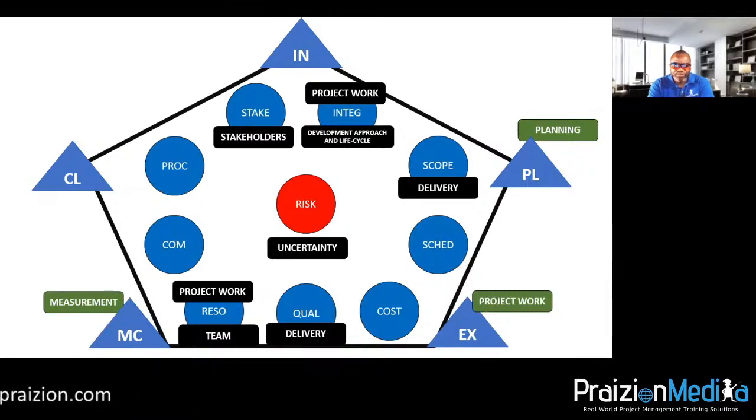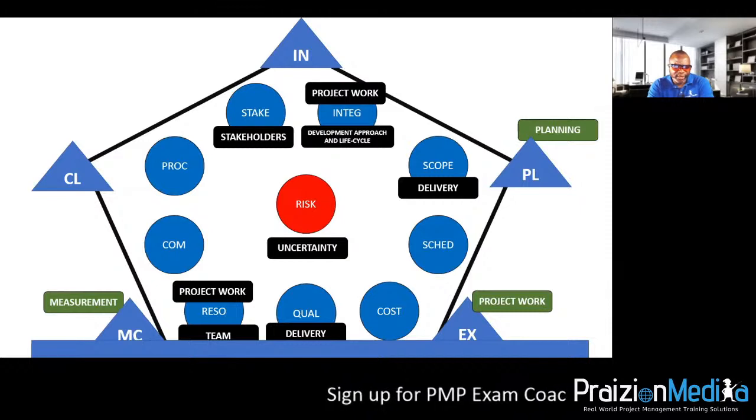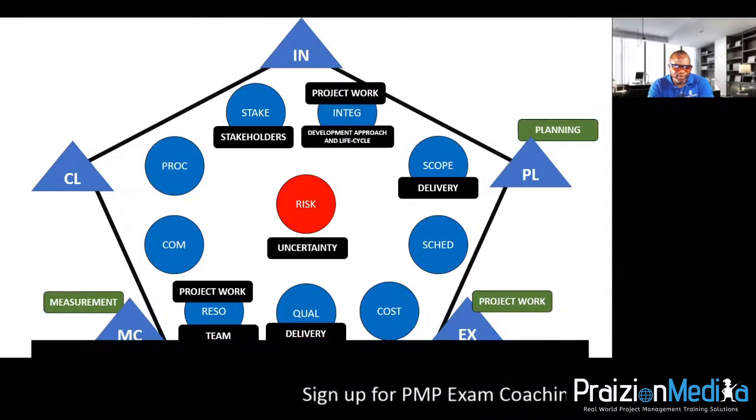But you also want to let them know there are 12 principles, and these principles are not bad. These principles can actually be used to bolster everything that we generally talk about in the PMBOK guide. So you will position them.